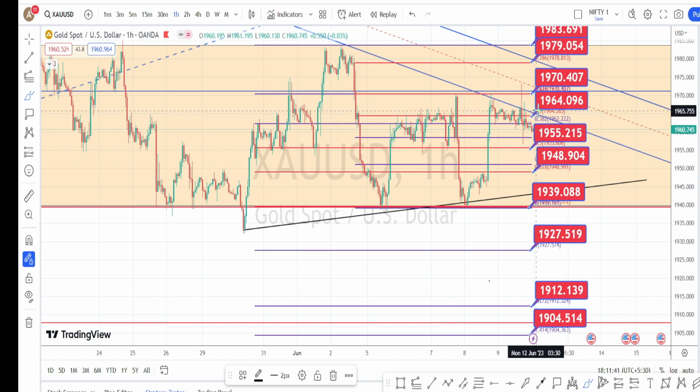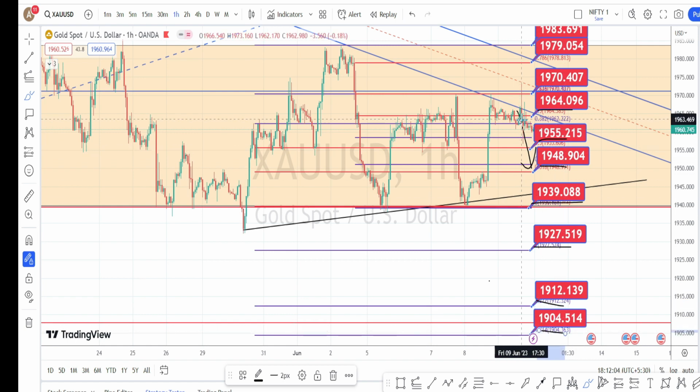Currently the price action is trading between the resistance level of 1964 and support level of 1955. If the bearish side retracement continues, the next level of support is going to be around 1948, 1939, 1927, 1912 and 1904 on the bearish side.